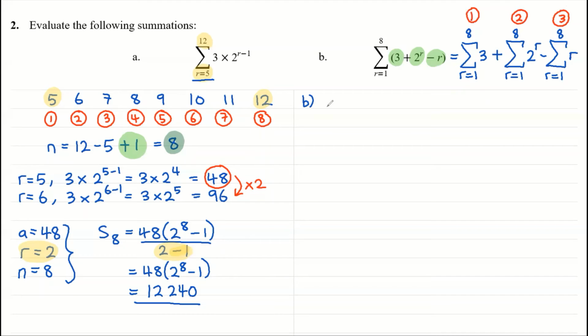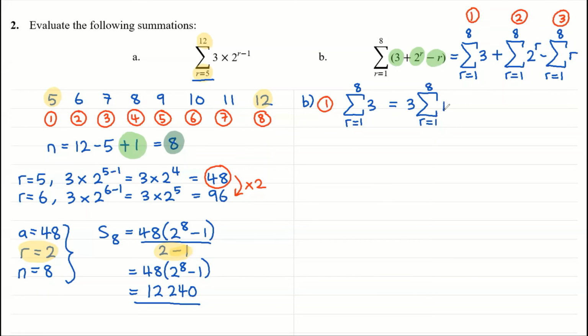So let's look at part 1. Now, the sum of 3 for over 8 terms. Just remember what we said earlier. We actually dealt with this in the starter activity. If I have a common factor in my collection of terms that I'm summing over, I can actually factor it outside of the sum. So I can write it like this, where I bring the 3 out.